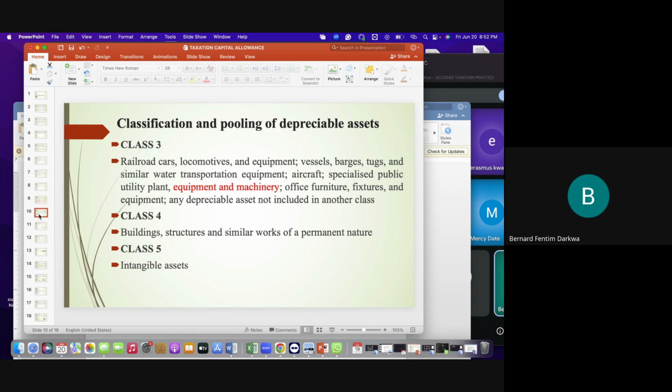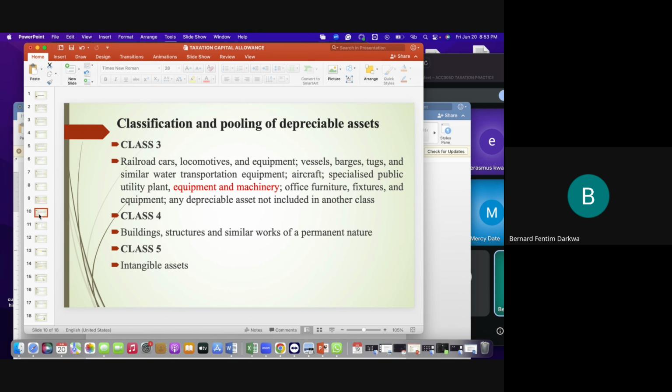Okay. Then class 4. Class 4 assets, we have buildings, structures, and similar works of a permanent nature. For class 4 assets, they are normally buildings and structures of a permanent nature, like the tall one, the giant billboard that you see. They are all structures, but they are of a permanent nature.